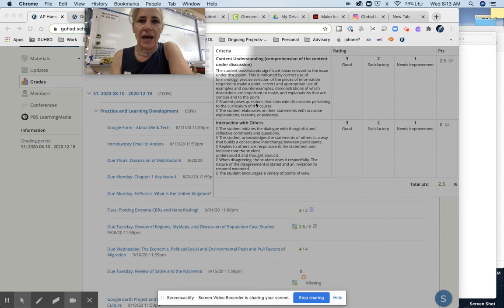One is content: understanding of what they read based on the videos and the pages in the book and the pictures, the visuals, basically taking it all, synthesizing it, giving an example, counter examples, elaboration of their statements. We work a lot on writing, making sure that they are clear and using evidence to back up their claim.